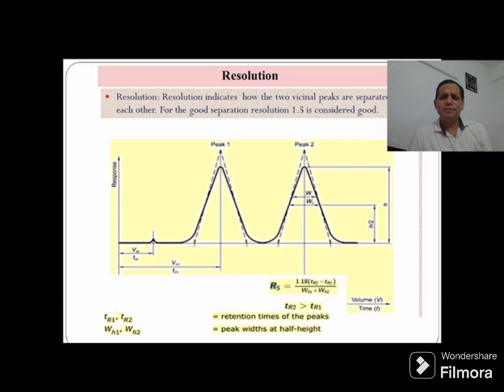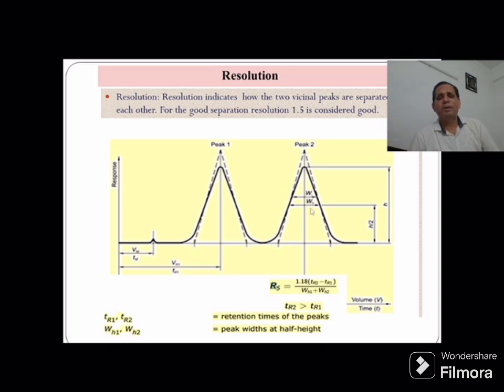When we want to check the resolution, we can use the formula Rs = 1.18 × (TR2 − TR1) / (WH1 + WH2). Here TR1 and TR2 are the retention times of peak 1 and peak 2 respectively, and WH1 and WH2 are the peak widths at half height.